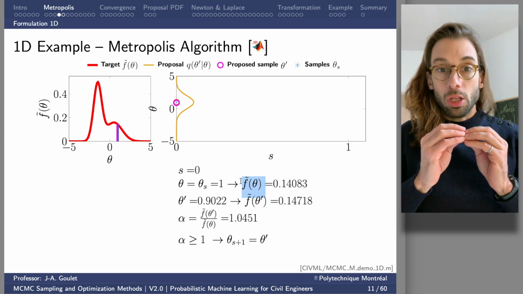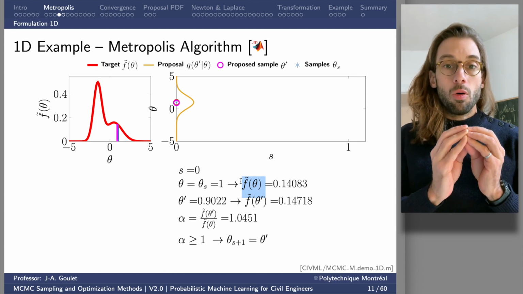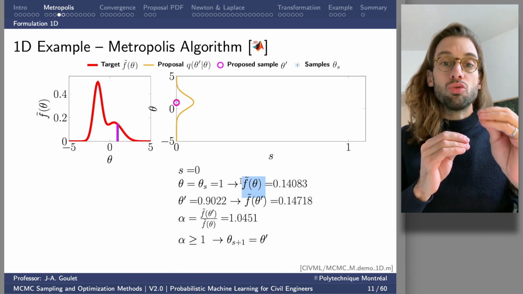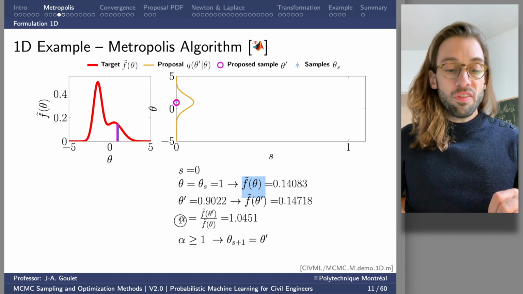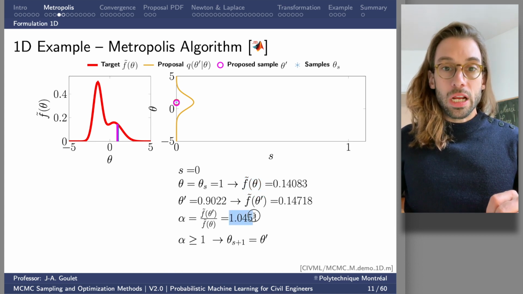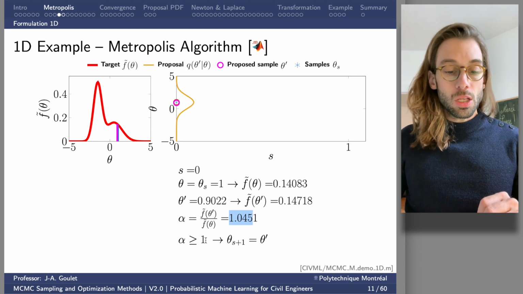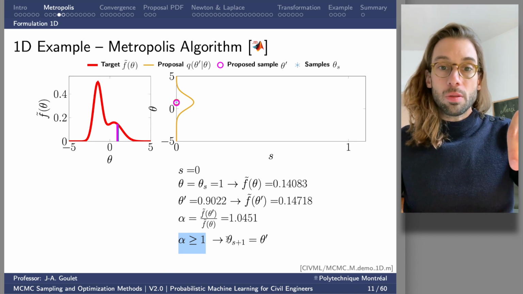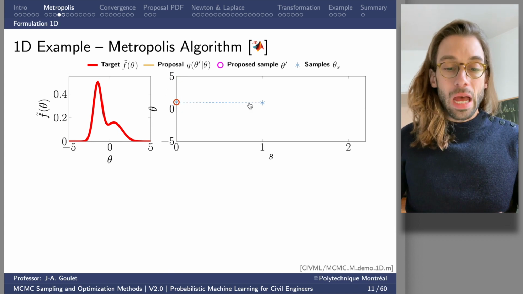In terms of MCMC, it means I'm always going to accept the move whenever my proposed location has a target value greater than at my current position, okay? So whenever alpha turns out to be greater than or equal to 1, you accept to move to that proposed location. So alpha is greater than 1. I'm going to say my next sample location, my random walk, is going to be the proposed point theta prime. Perfect.